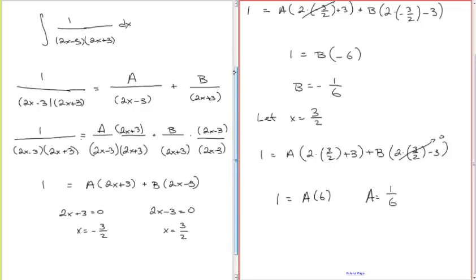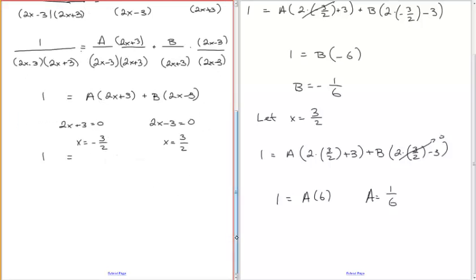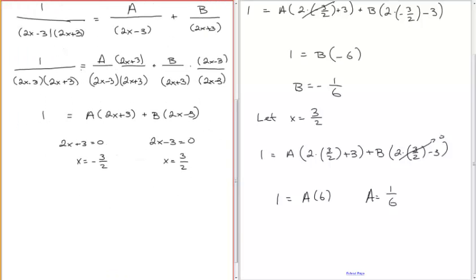And so the final answer, I'm just going to insert that down here. We'll extend this, and then we'll use a different color. The final answer for the partial fraction part is that we have a, which is 1/6, so we have 1 over 6 times (2x minus 3), plus b, which is negative 1/6.